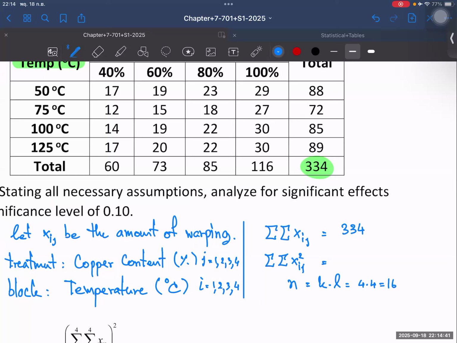So we will calculate the sum of the squares. So please recheck it for me, okay?